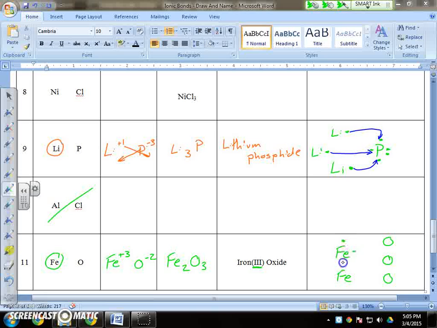So 1, 2, 3, 1, 2, 3. And in terms of the actual arrows, I'm going to give 2 to this one. I'm going to give 2 to this center one. And I'll give 2 to this bottom one. And I wish I had more time, but I got about 3 seconds left on the recording, so hopefully that helped a little bit.